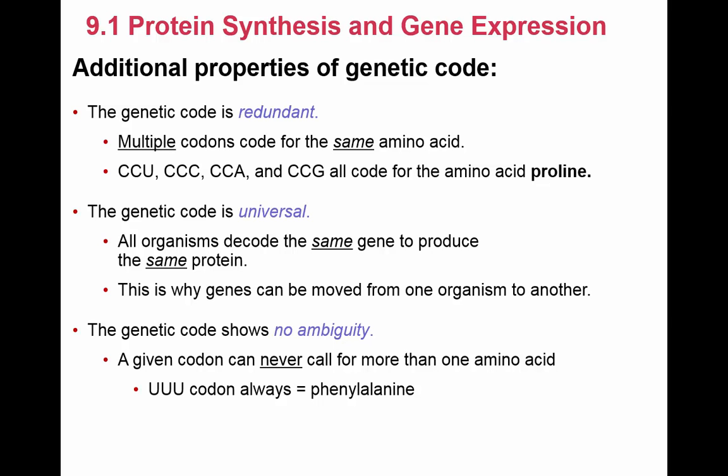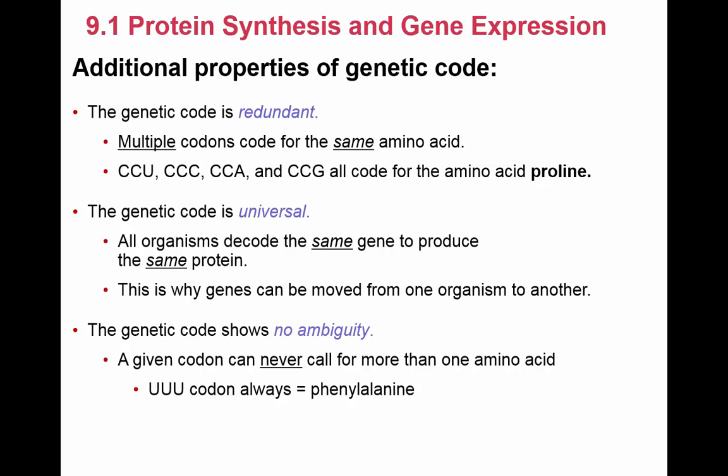But the importance of the fact that it's universal is that because we all have the same genes that build the same proteins, we can take genes from one organism and put them in another and build proteins that we need. That's where the whole idea of genetically modified organisms comes from: we can take genes from a cow, put them in place of genes for a bacterial cell, and develop growth hormone for cows.